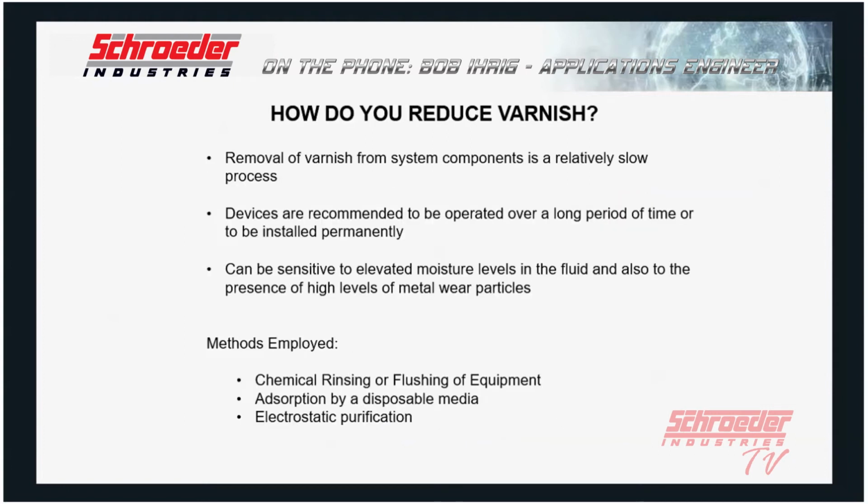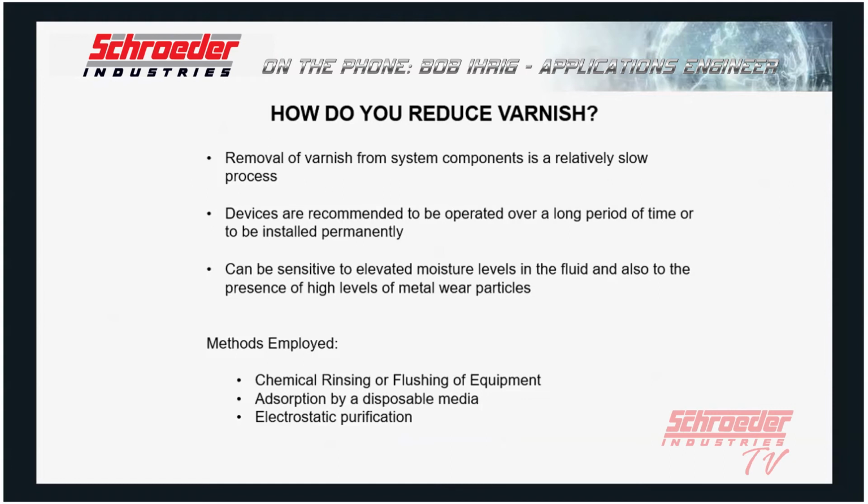Once you've tested for varnish and come to the conclusion that varnish definitely exists in the system, and you have taken all the appropriate measures to condition the fluid with a vacuum dehydrator or any kind of dehydrator, as well as filtering to the required cleanliness, the next step in that process would be to actively remove the varnish from the system or from the fluid.